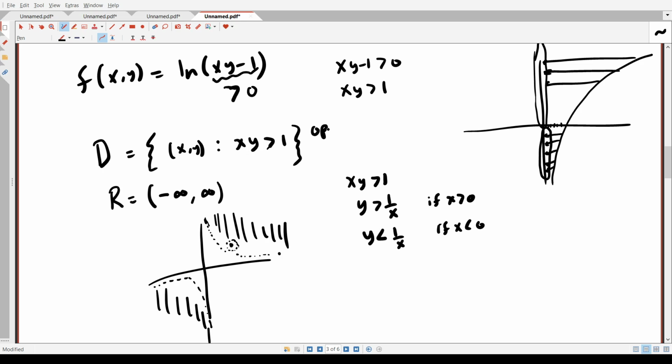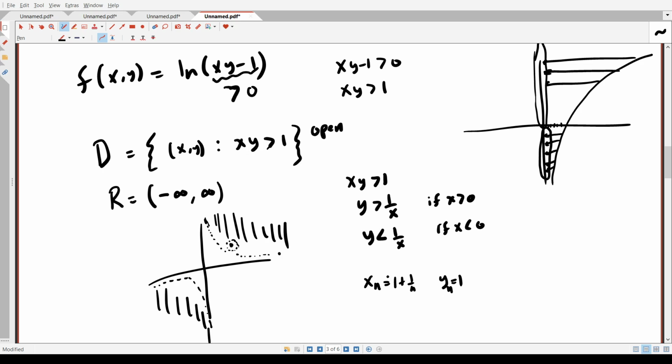For sure it's open. Now, is it closed? Can I find a limit of a sequence of points that converges to something that's not in my set? Well, if I take the sequence xn equals 1 plus 1 over n and yn equals 1.